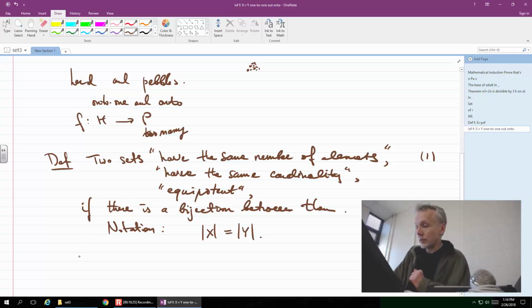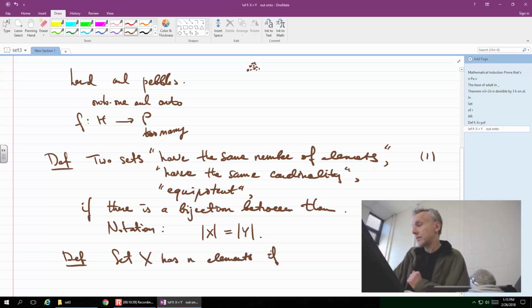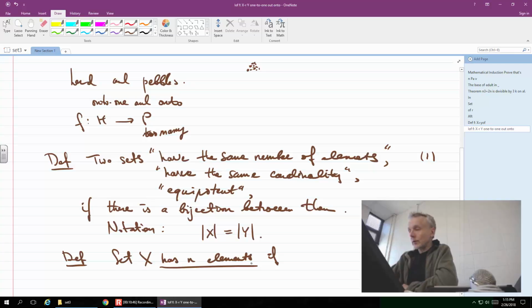Okay, so then in particular, we now can finally explain what we learned in first grade or whatever. So set X has n elements, if, so n an integer, positive integer.